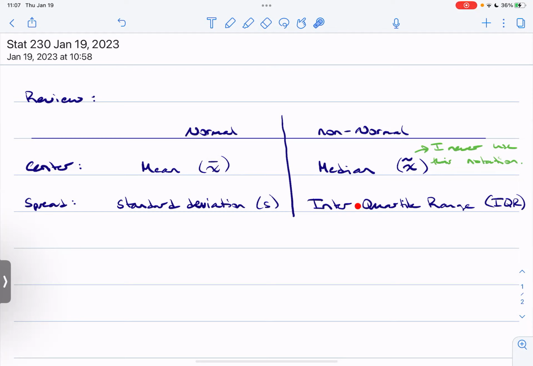Okay. This is what we will be doing in this course. And then, there are more sophisticated things like using the variance instead of the standard deviation. I'm sure there's some fancy measure instead of the interquartile range, but this is what we're going to be doing. Okay? Now, the reason we have these different measures, yes.